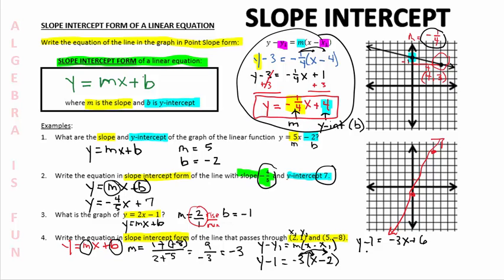The last step is I'm going to add 1 to both sides to get my y by itself. And I get y equals -3x plus 7. And there's my equation in slope-intercept form. Y equals negative 3x plus 7. And that's it for our video.